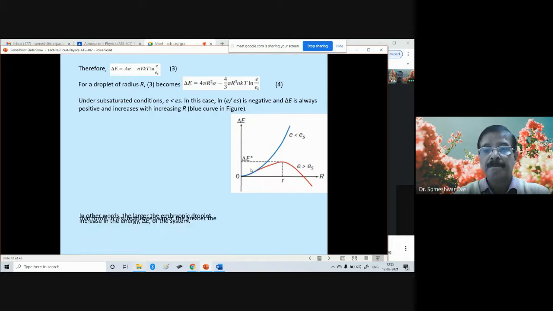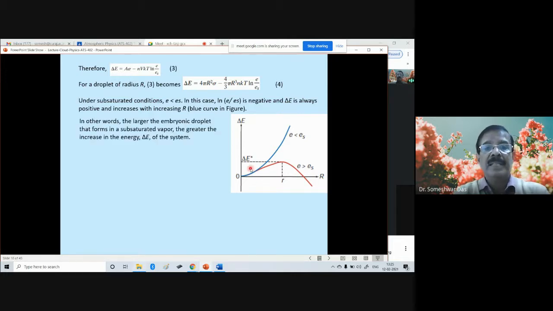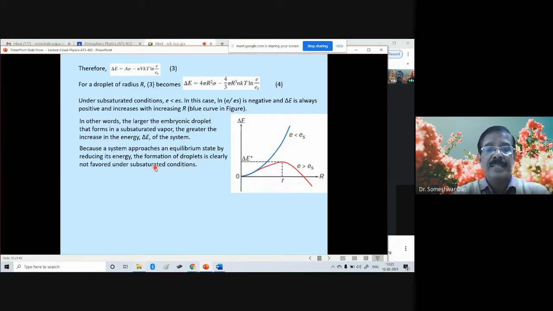In other words, the larger the embryonic droplet that forms in a subsaturated vapor, the greater the increase in the energy delta E of the system. If the radius is large, then delta E will also increase, because the system approaches an equilibrium state by reducing its energy.